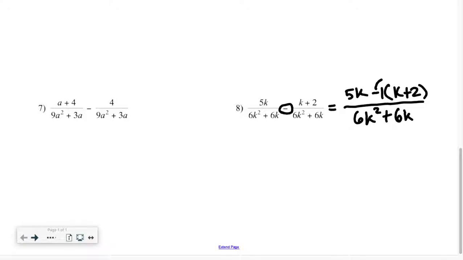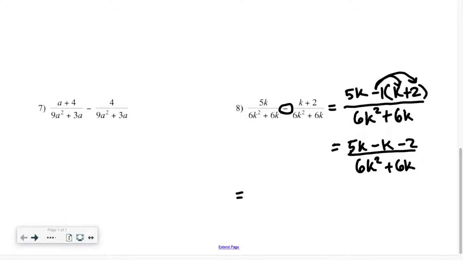And guys, I like to treat that as a negative 1 and distribute it. Okay. So what I really have here, I've got 5k minus k, and then negative 1 times 2 is minus 2, over 6k squared plus 6k.